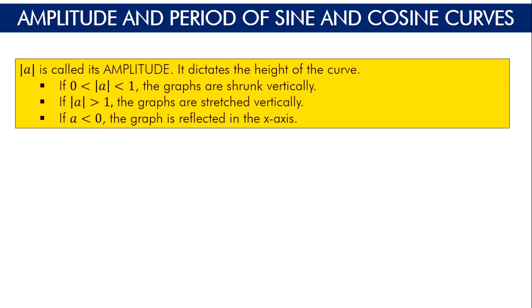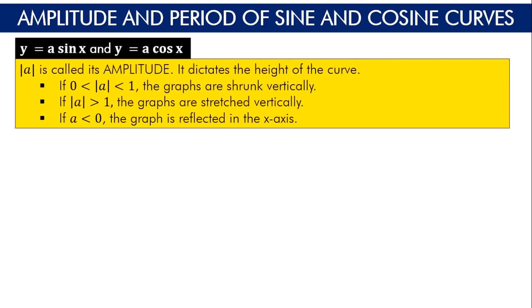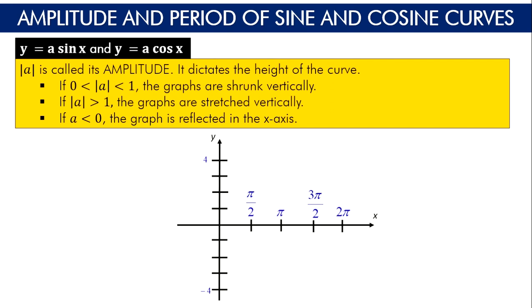Let's have its illustration. For the amplitude, given that we have the parent function y is equal to sine x, let's say we have here a as 1/2. Given that a is 1/2, the graph shrinks vertically.